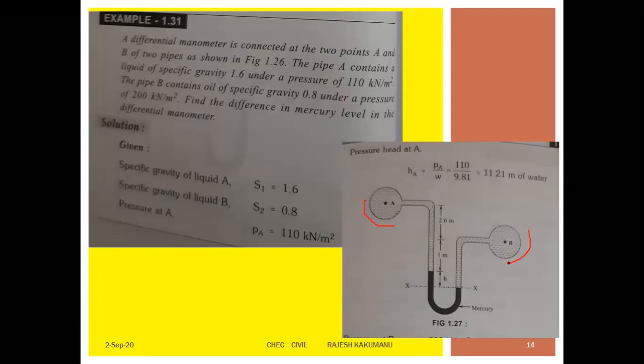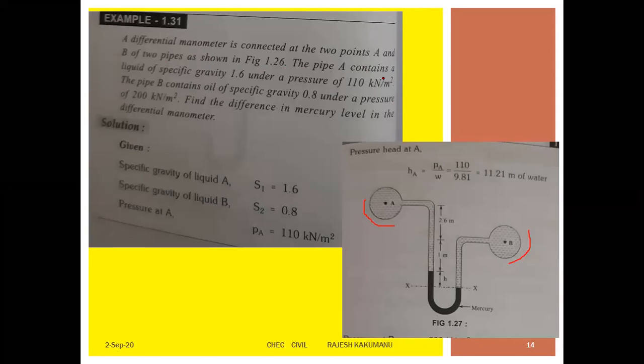The U-tube left hand side is connected with one container, right hand side is connected with the other container. A differential manometer is connected at 2 points A and B of the 2 pipes as shown in figure 1.26.